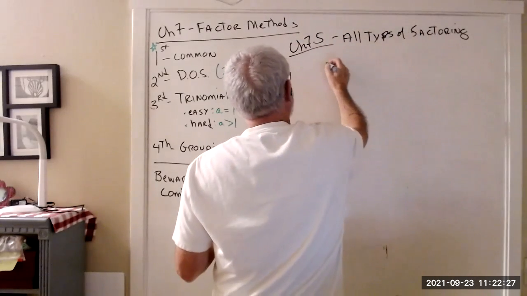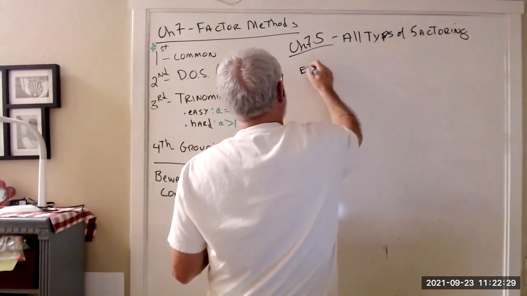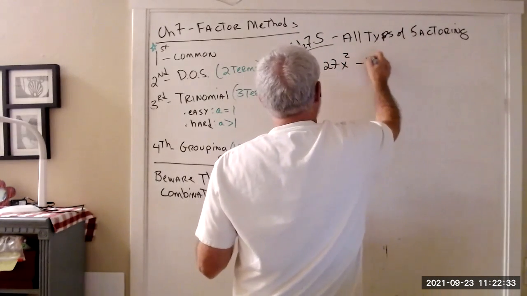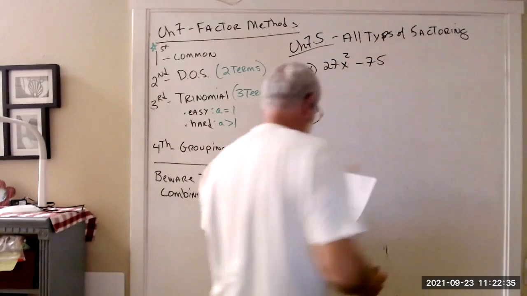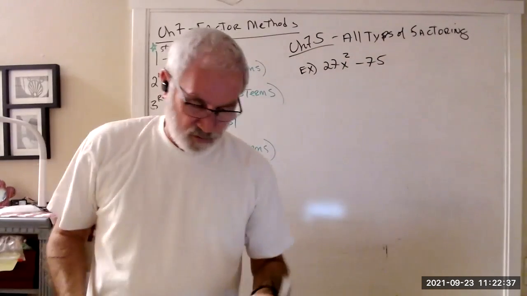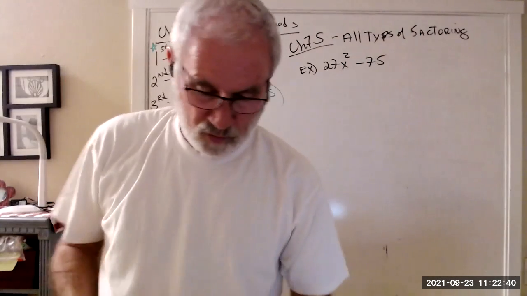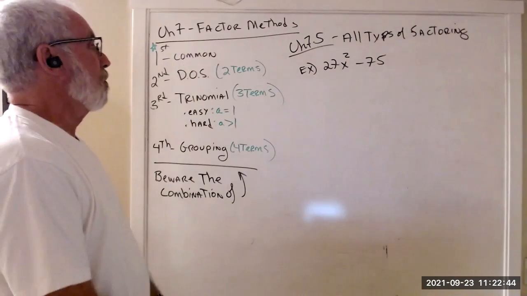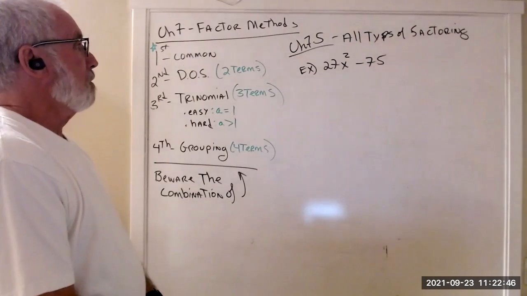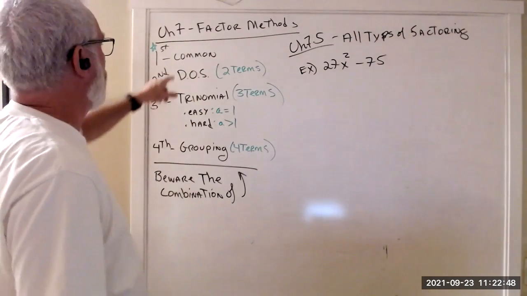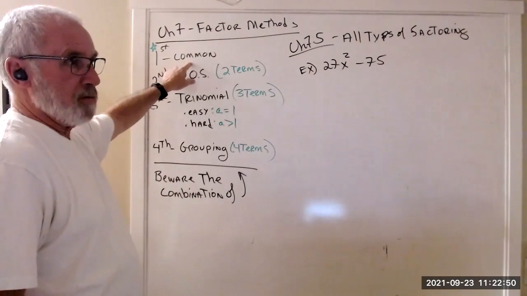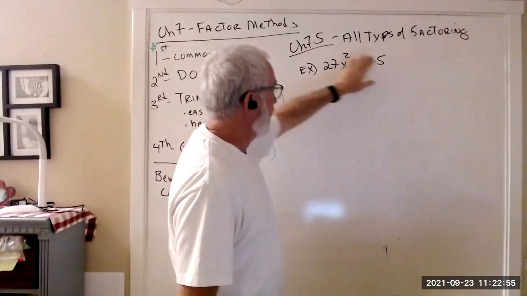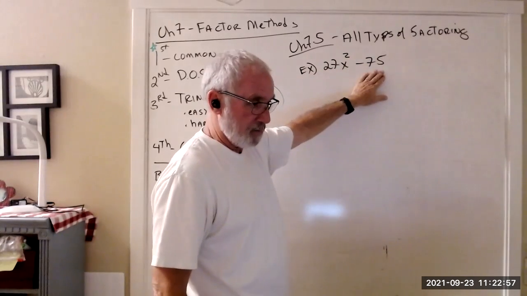So how about this? 27x squared minus 75. Well, you look for what they have in common. Is there anything that this and this have in common?